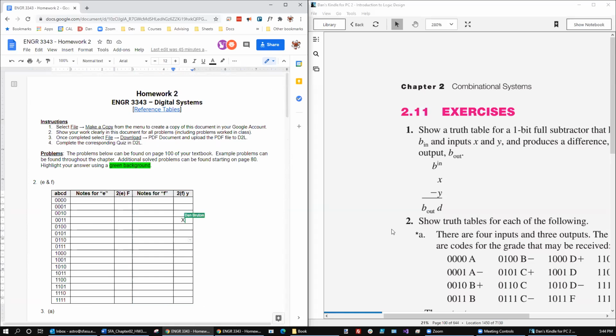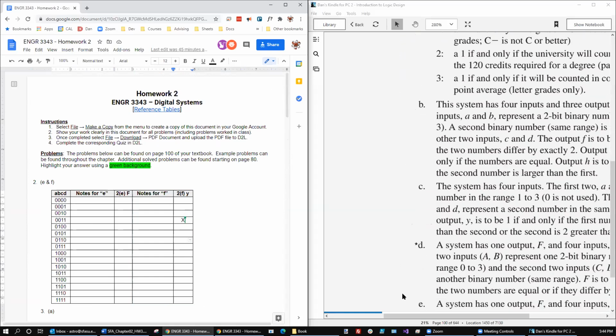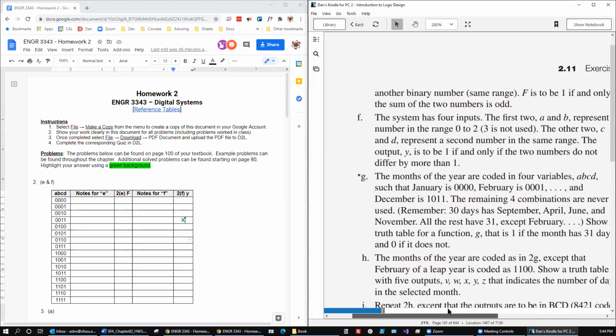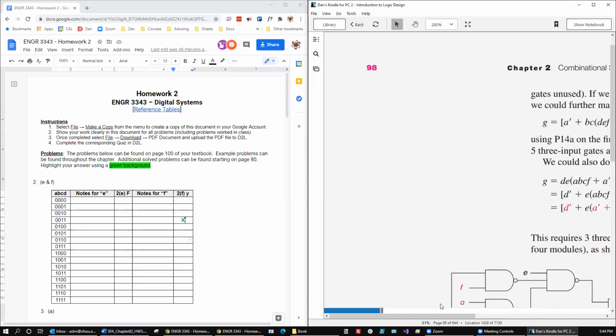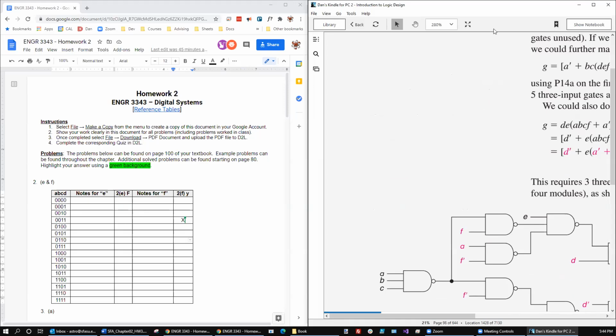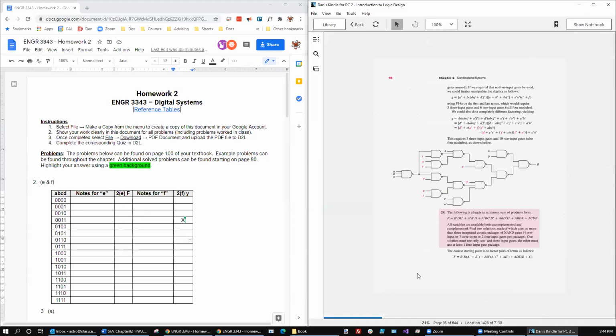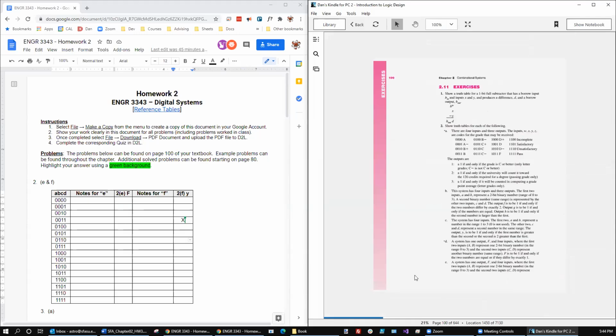Looking at 1E, let's go down to that problem and just see how far I can get. Oh, great. I happen to pick one that has a split on 2 different pages. Let's see. It starts on page 100 in your textbook, and there's half of it down there.